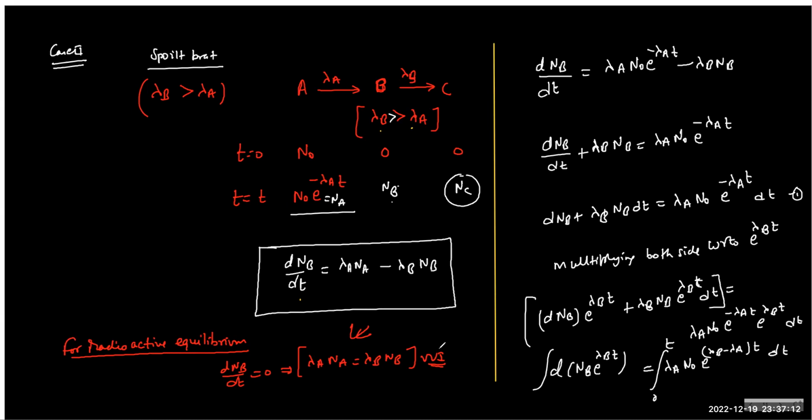The first question. There is a graph of activity versus time, and their T half. So log of activity. Whenever you have a graphical problem, what do you do? First of all, you find the relation.